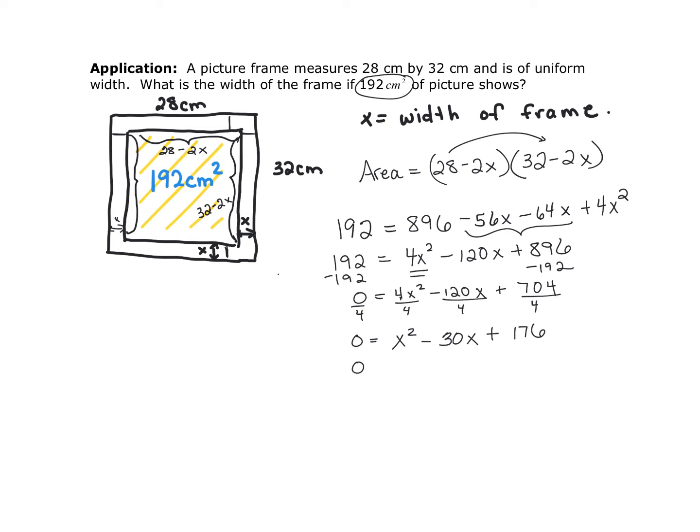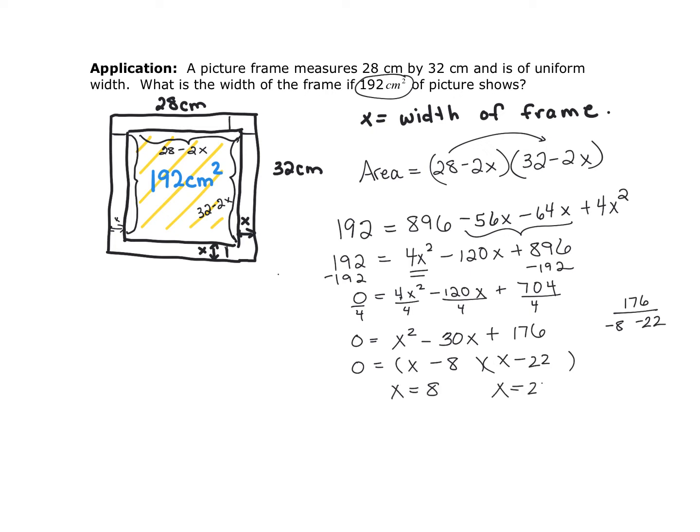And I'm hopeful that this will factor, and it does. Two things that multiply to 176 that add to 30 are minus 8 and minus 22. So I'm going to do x minus 8 and x minus 22, and so we get x equals 8 and x equals 22.